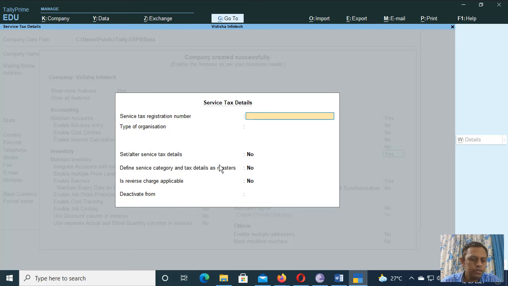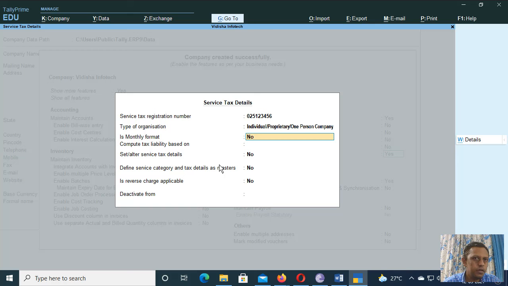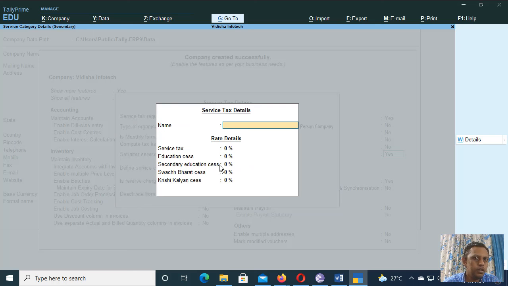Here I have to put the service tax registration number, which I will put. It is my company's proprietorship. So set alter service tax details, I will put yes, and here I'll put the service tax.